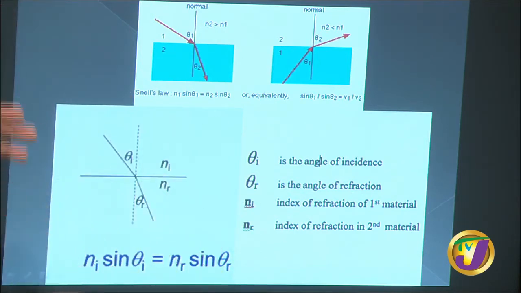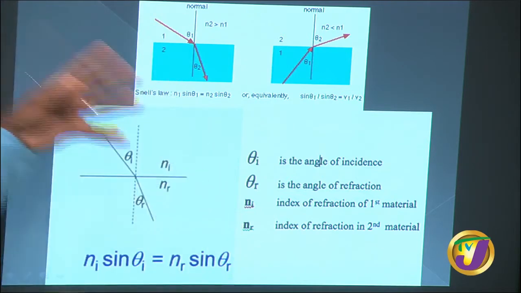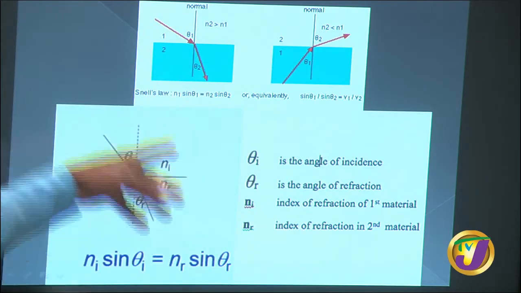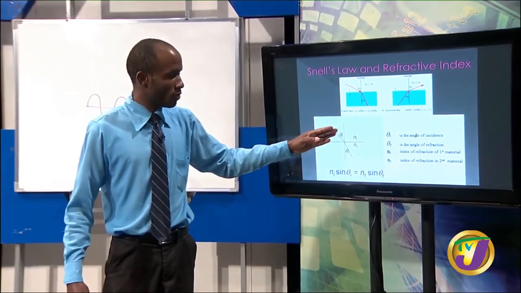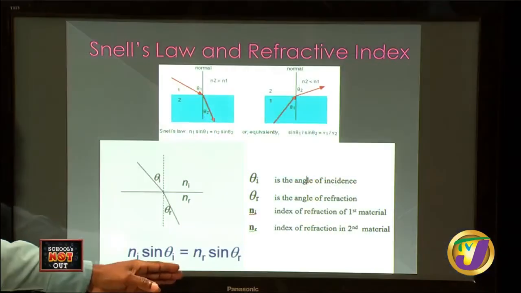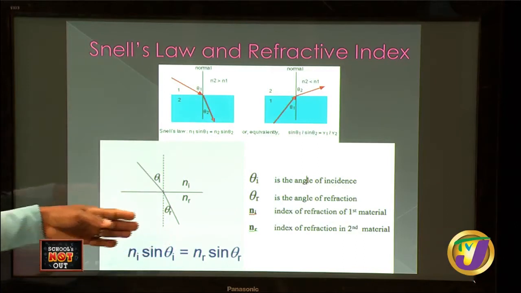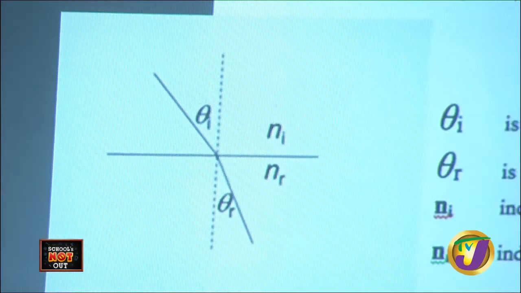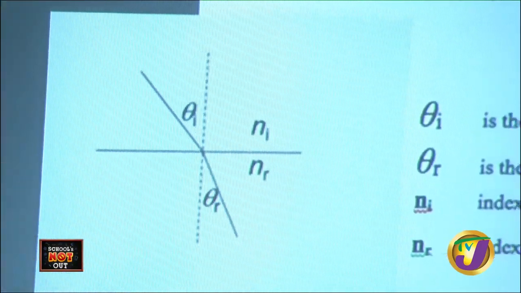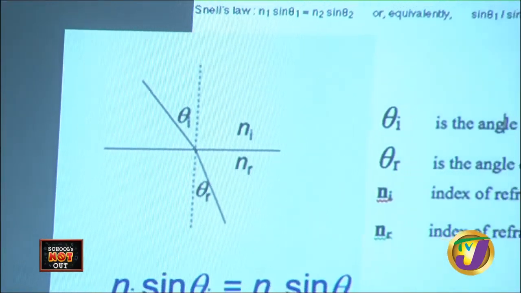You can research this and find it easily. Just know that they are comparing the angle of incidence to the angle of refraction, the refractive index in one to the refractive index in the other. Once they compare these two, you're looking at how light will behave when it is refracted.